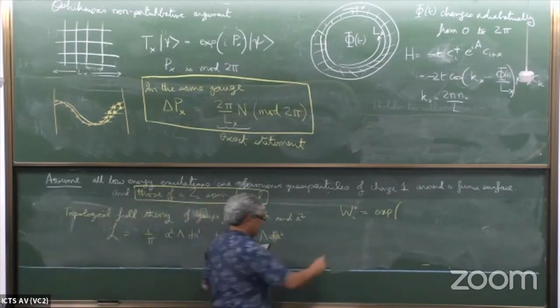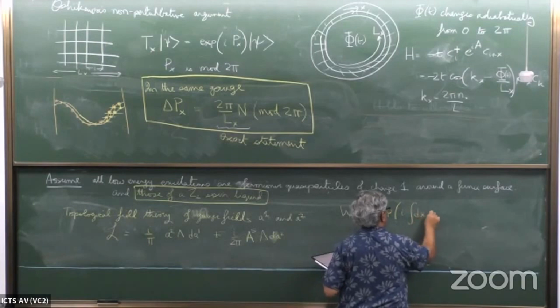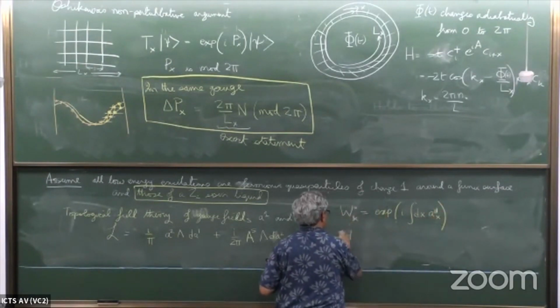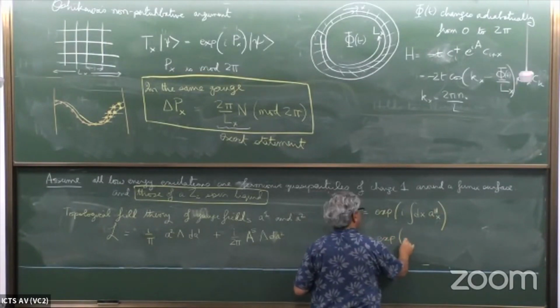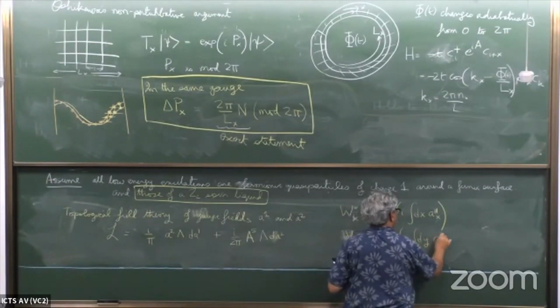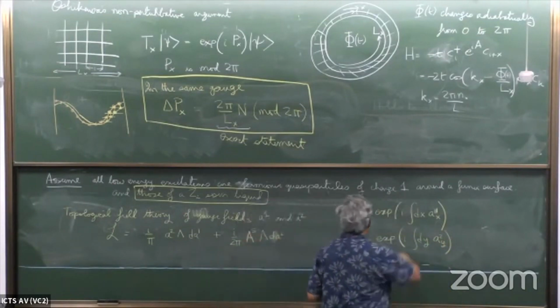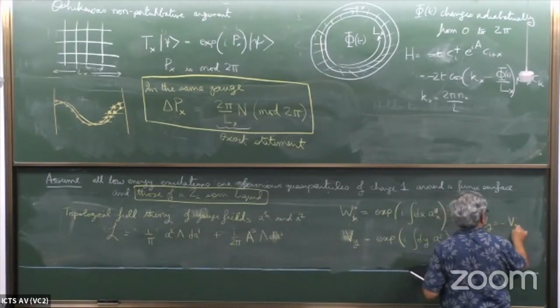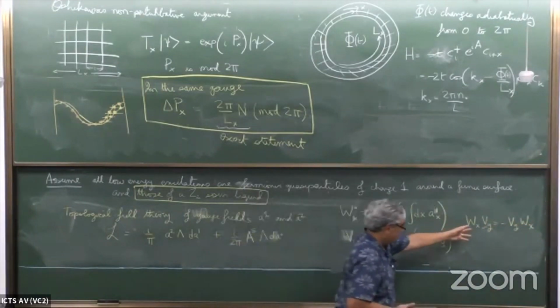So I had these things, Wx was exponential i integral dx of A1x component. Sorry, W is A1. And I had Vy, let's say, is exponential i integral dy of A2y. And because of this Chern-Simons term here, these Wilson line operators obey the algebra WxVy is minus VyWx. So that we derived many different ways.